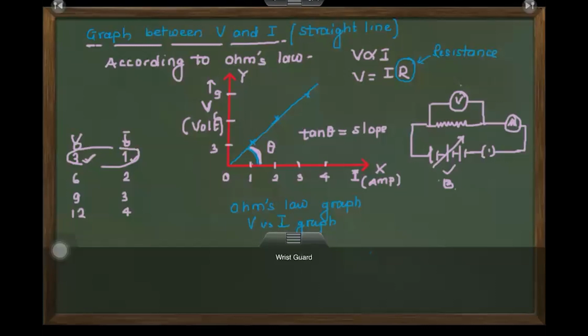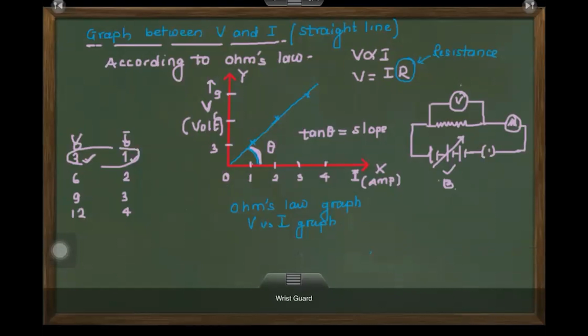Clear? If the angle is bigger, then the slope of the road will be greater, this is a common thing. Okay, now we are going to relate the concept of slope with Ohm's law. We are saying here that R is equal to V upon I, and this V upon I is equal to slope. It means, what can we say?